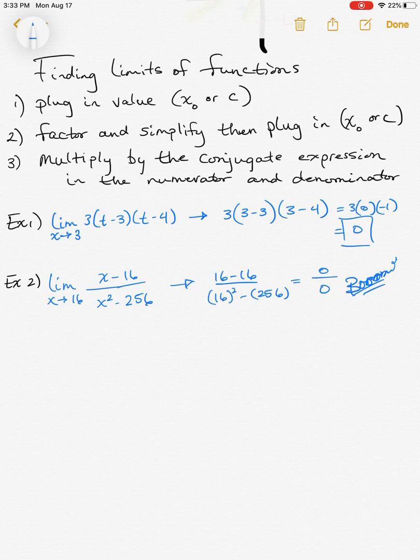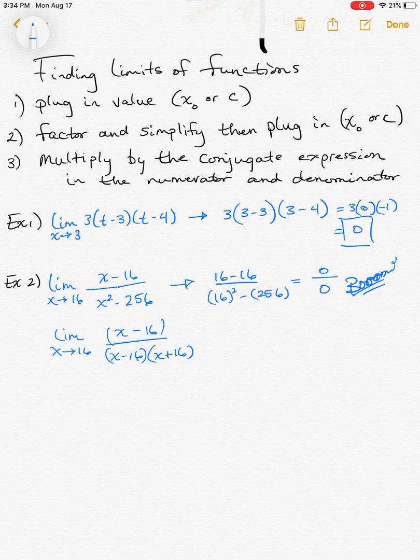After we factor, we have the limit as x approaches 16 of x minus 16 over x minus 16 times x plus 16. That's the difference of squares factorization.